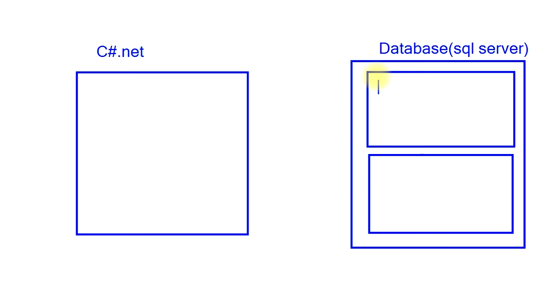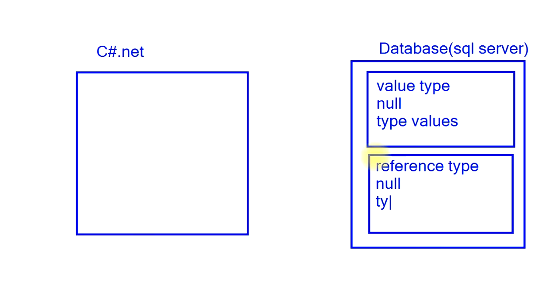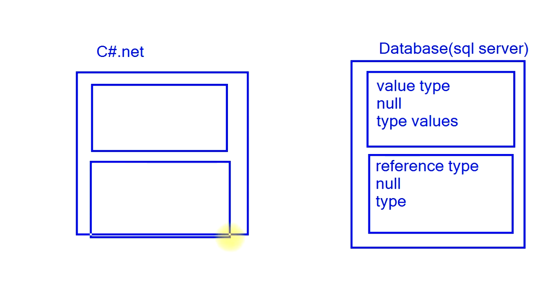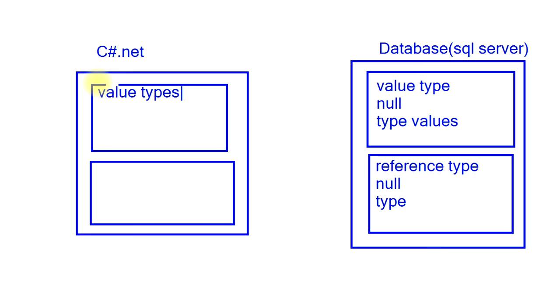In the database, a value type allows null values and typed values, and reference types also allow null values and typed values. In the case of C#.NET, value types allow only typed values, but reference types allow null and typed values.